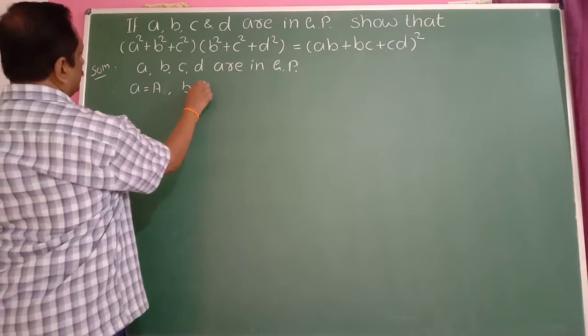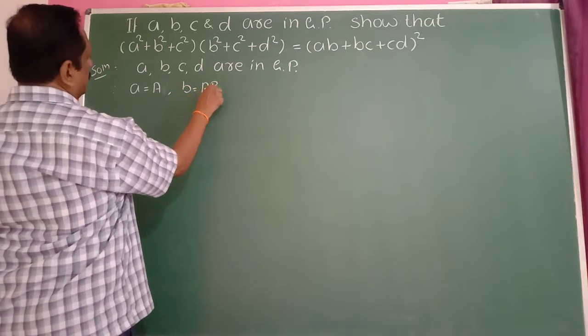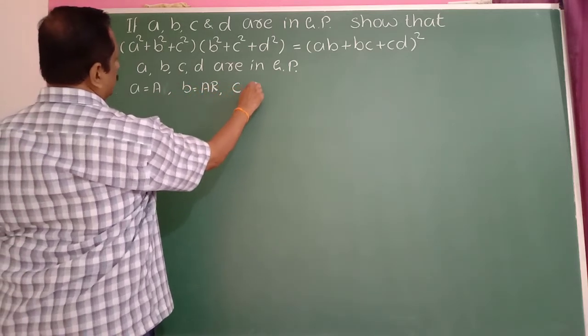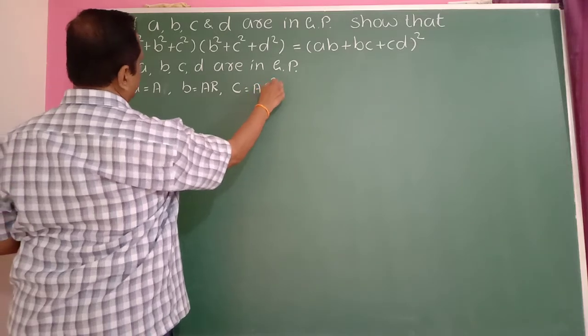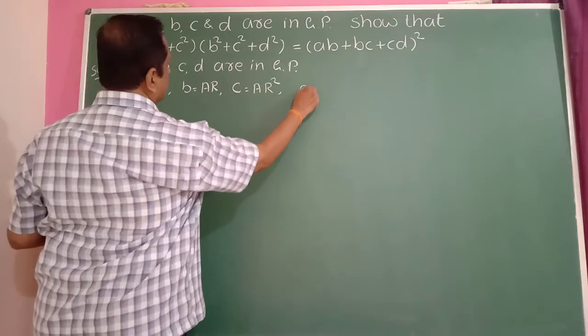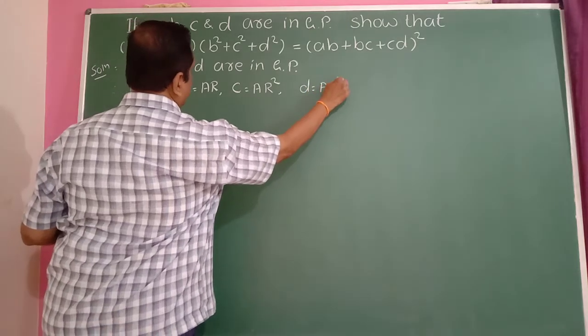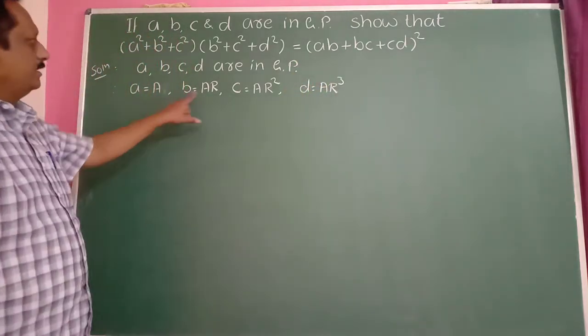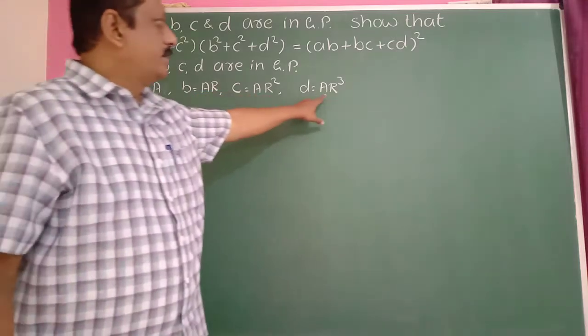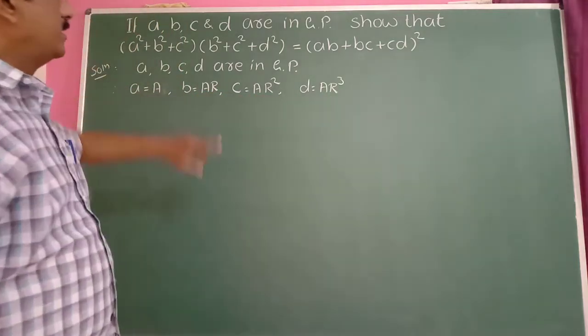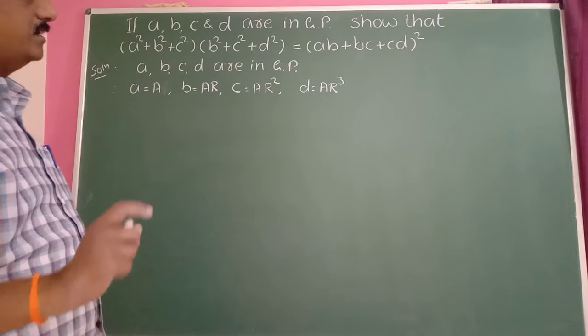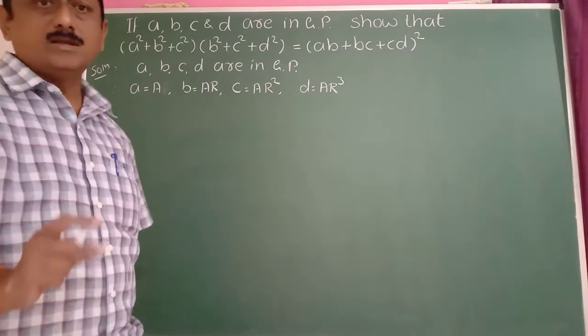Then b is equal to ar, c is equal to ar square, and d is equal to ar cube. These are the four terms in the GP, where a is the first term and r is the common ratio.